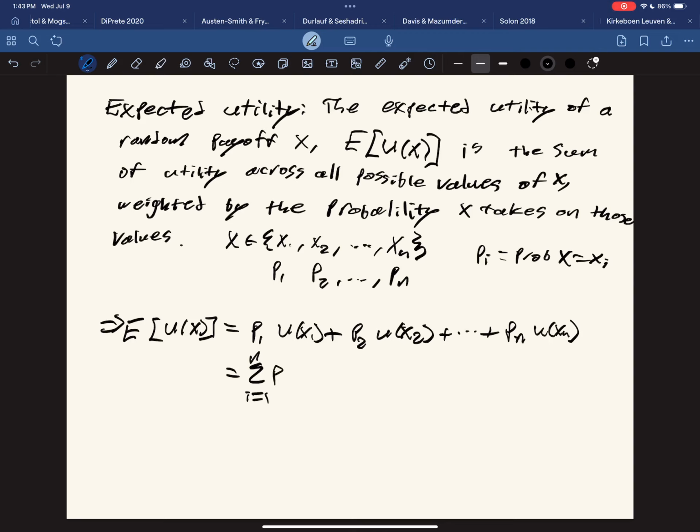This is just using sum notation. These two lines say the same thing.